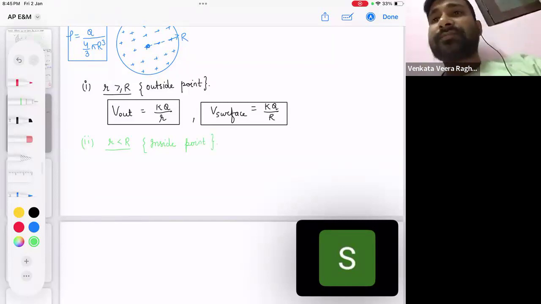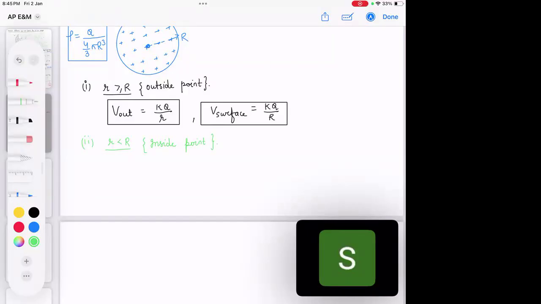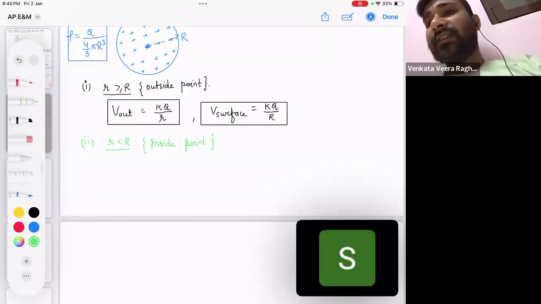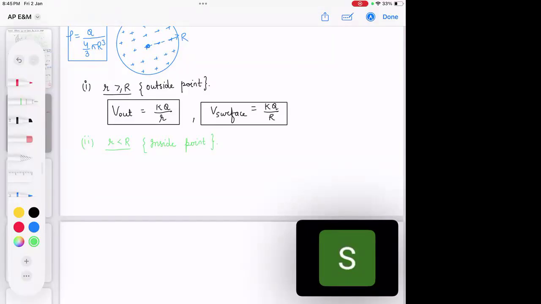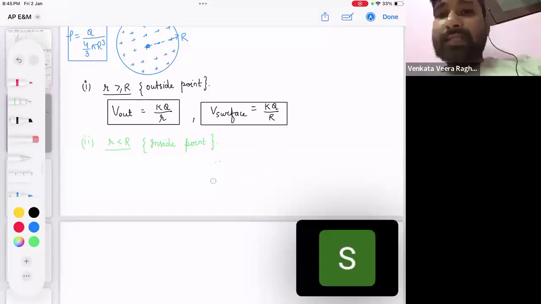So tell me, what is the potential inside? Please. So the formula, yes, a big formula is there: kQ by 2R cube times (3R square minus r square), something like that, isn't it? Right. Let's see how that came.